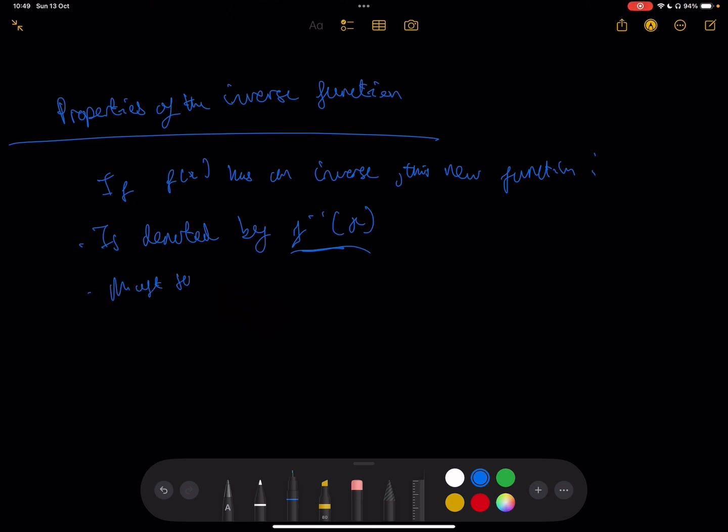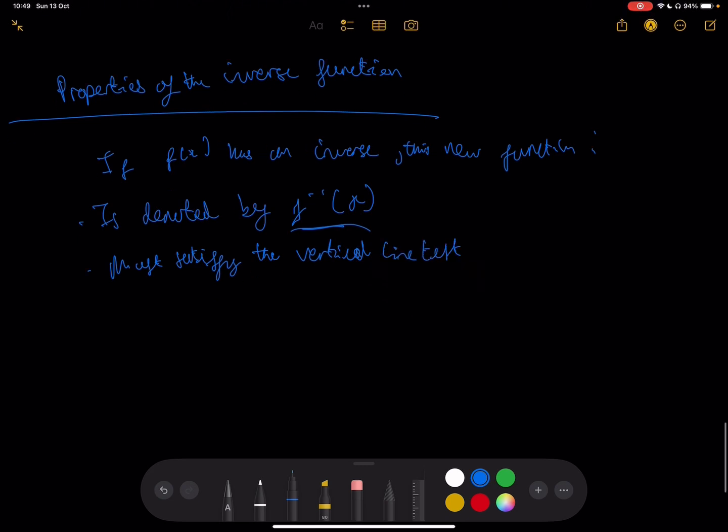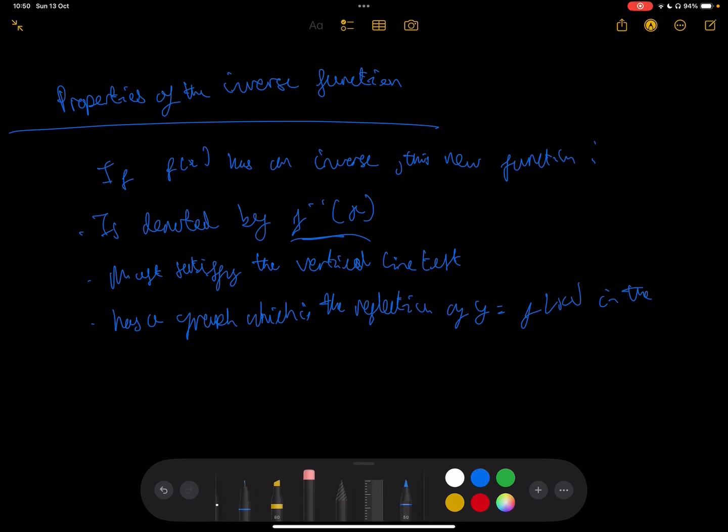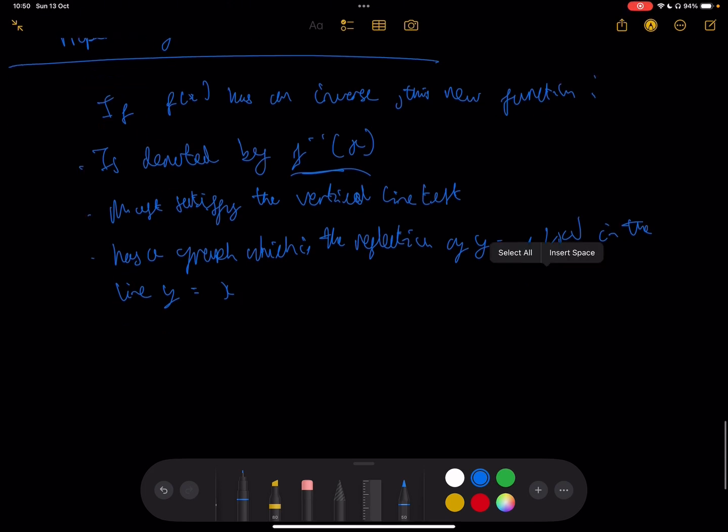It must pass the horizontal line test and has a graph which is the reflection of y is equal to f of x in the line y is equal to x, and satisfies both.